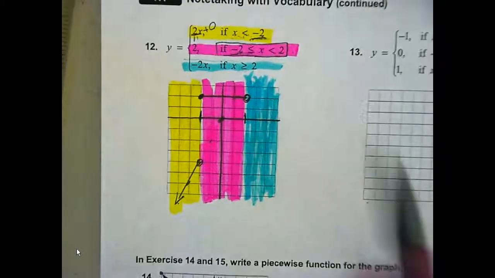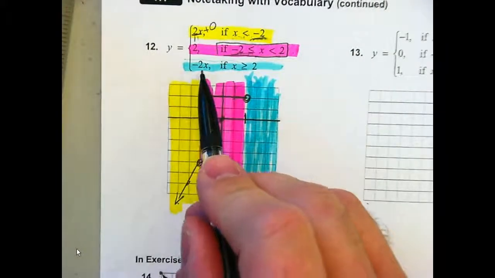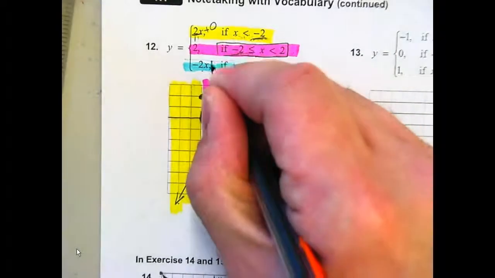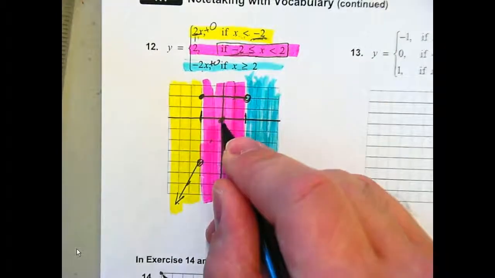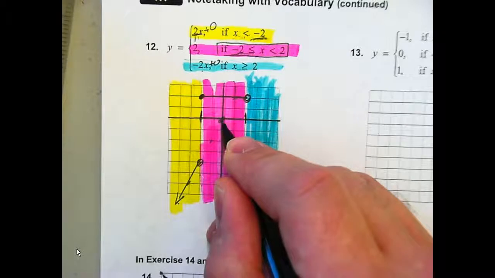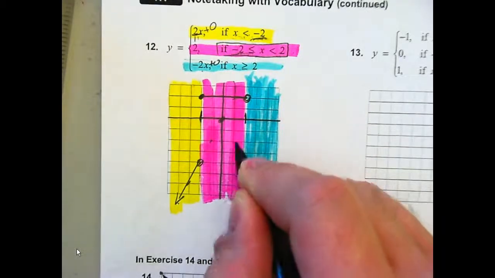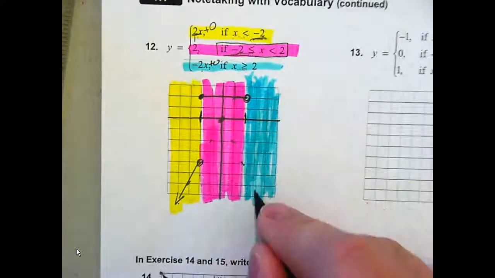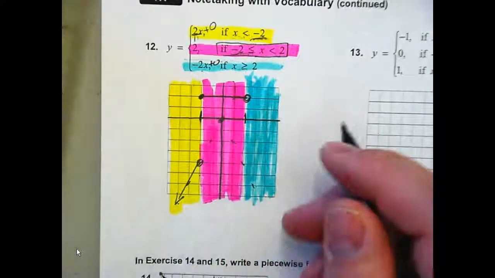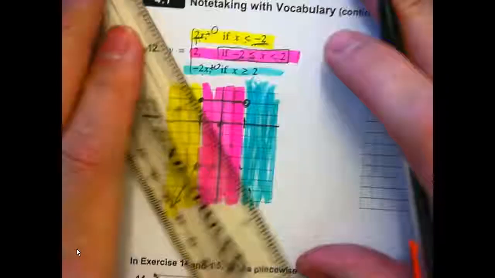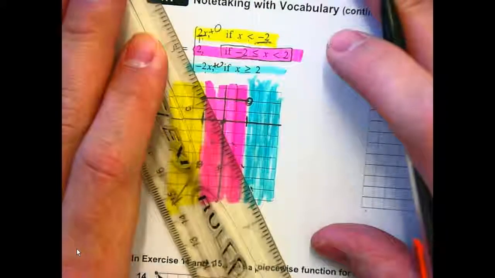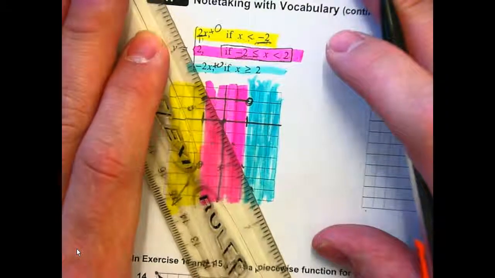Okay. And then in the blue area, we have negative 2x, and once again, that's plus 0. So here's your y-intercept again. You would have to go down 2 and over 1, down 2 and over 1. Okay, so you'd have like there, and there, and there. And you would graph it, but it would only exist in which area?